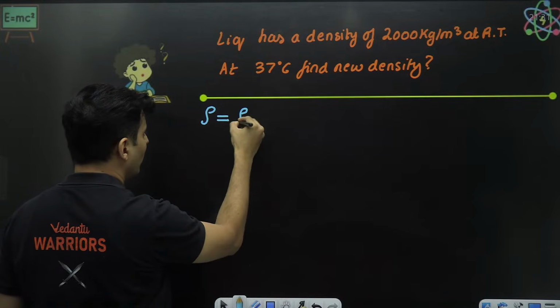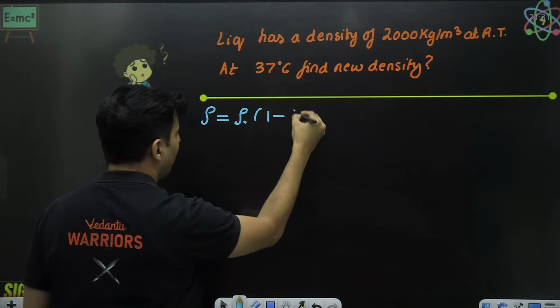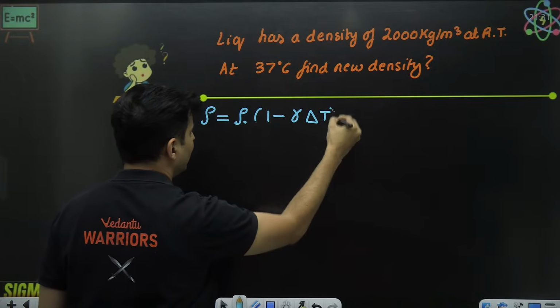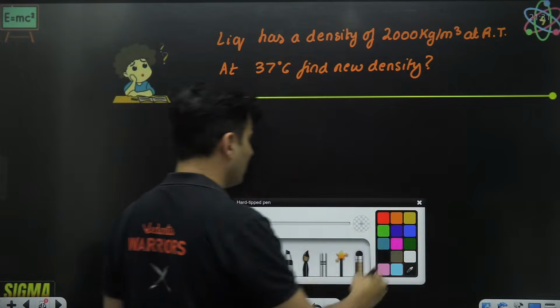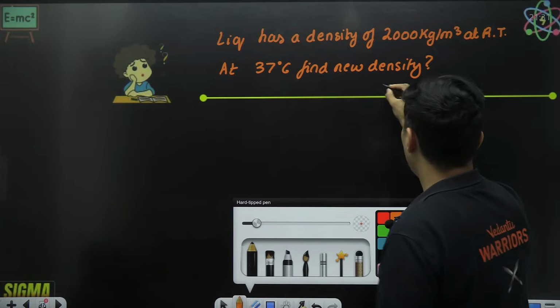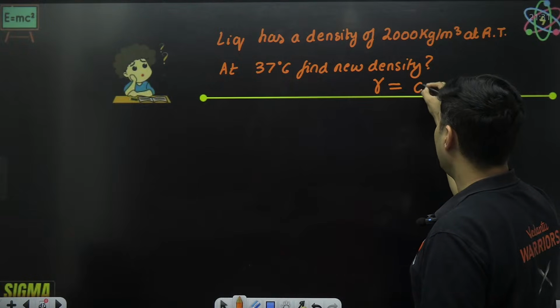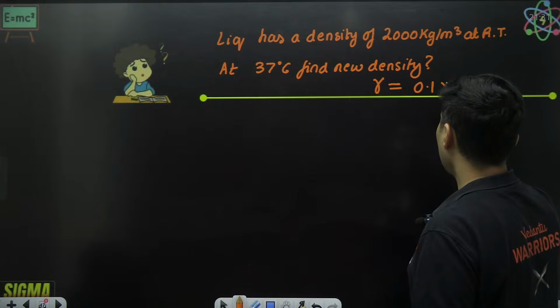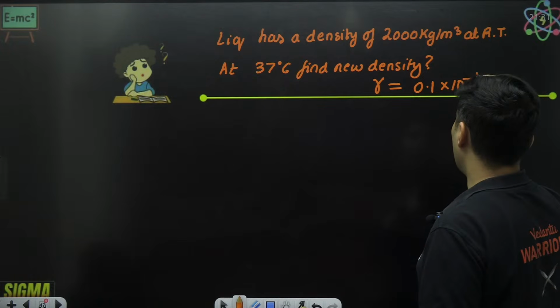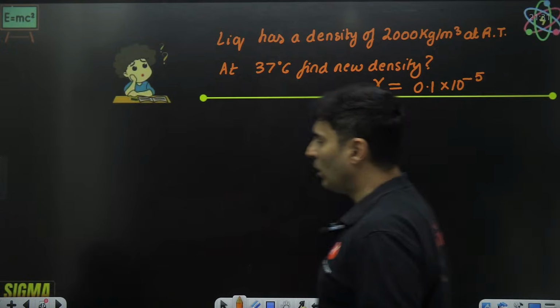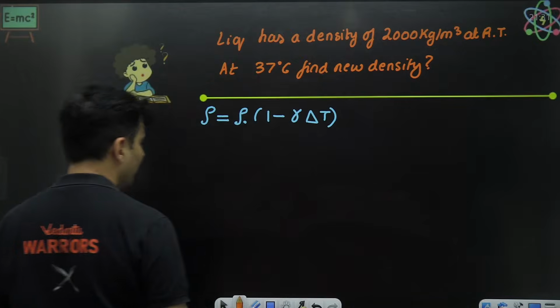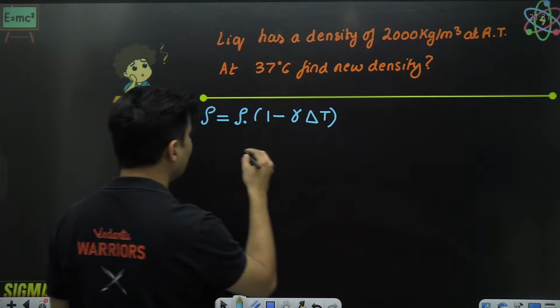New density will be old density into 1 minus gamma delta t. Oh, so sorry, I did not give the value of gamma. The value of gamma is given as 0.1 into 10 to the power minus 5. So let's start substituting everything.